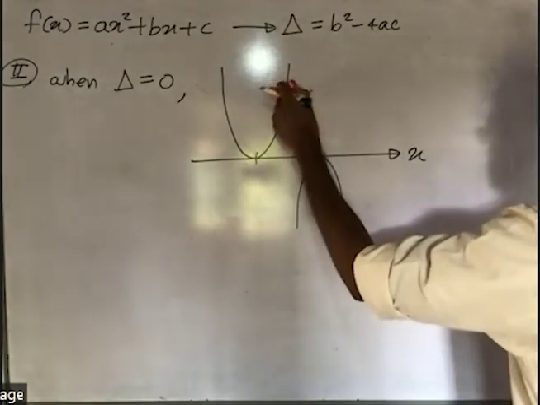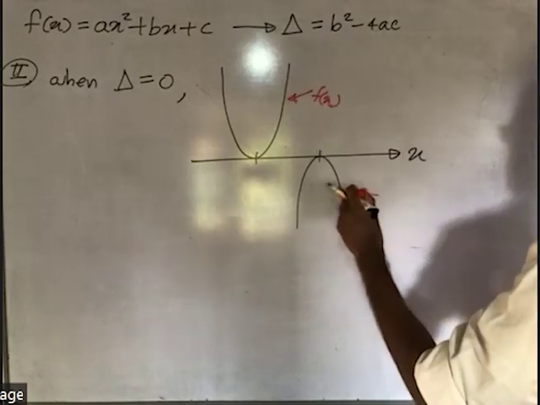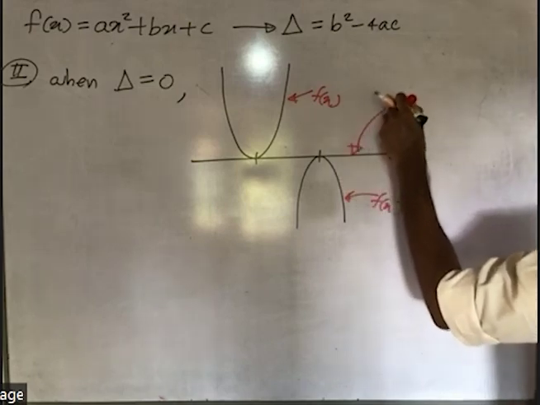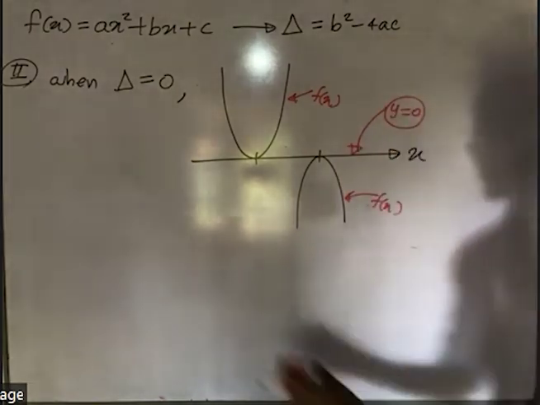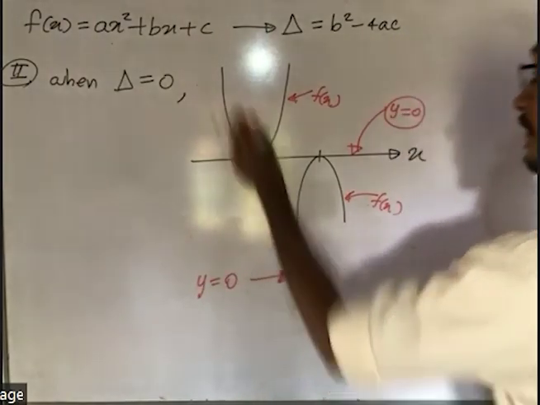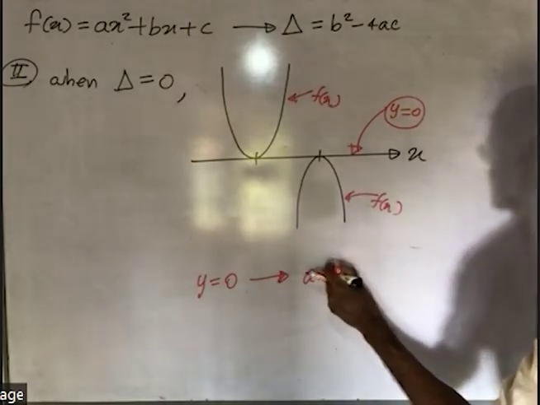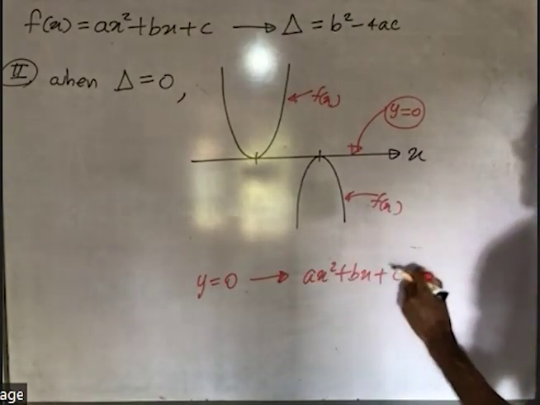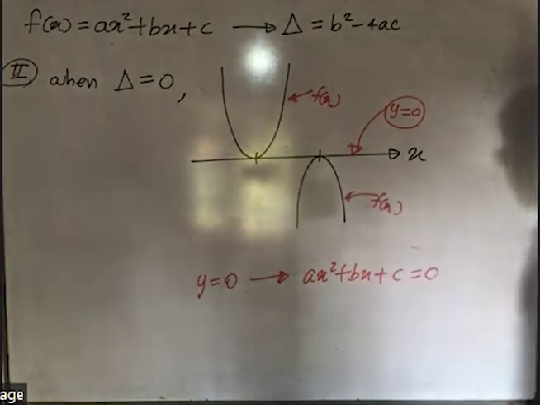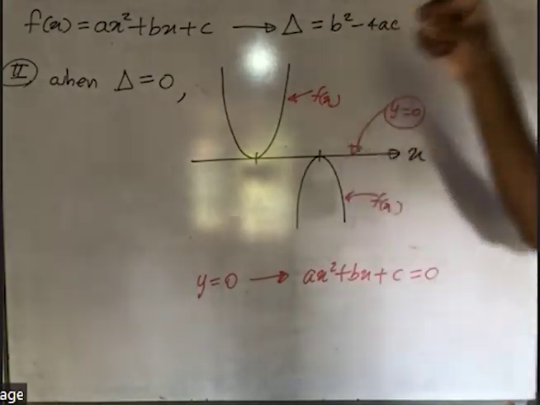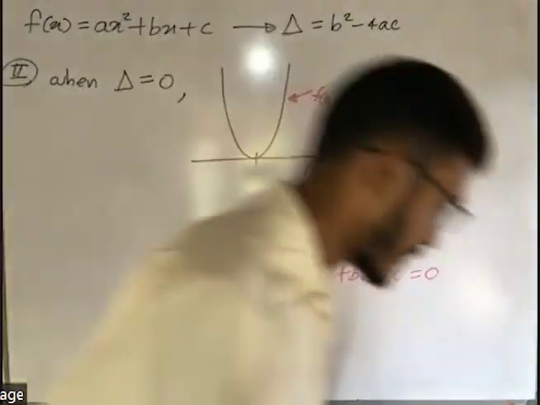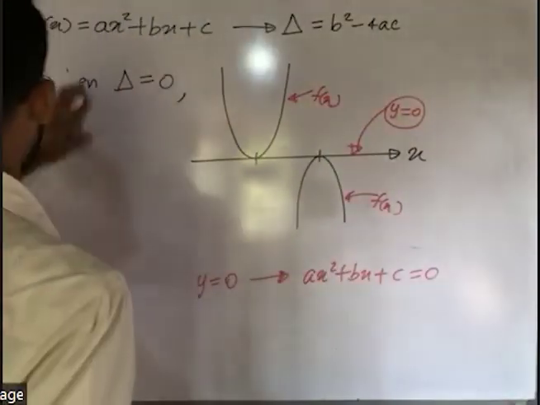This is the function f(x), and this is the x-axis, that means y equal to 0 axis. So when y equal to 0 or f(x) equal to 0, from this function we can develop a quadratic equation ax square plus bx plus c equal to 0. And this quadratic equation has only one solution or one root when delta equal to 0. In the previous situation, when delta greater than 0, we had two solutions. Right.